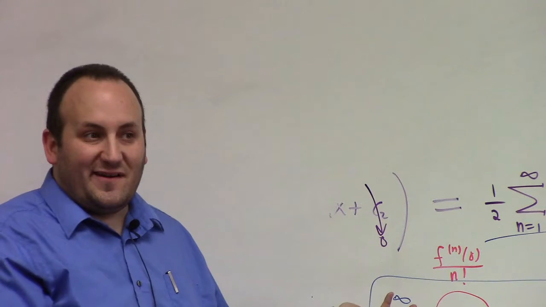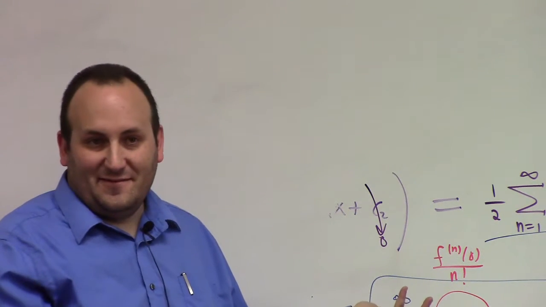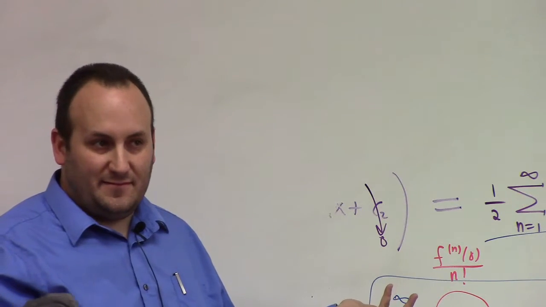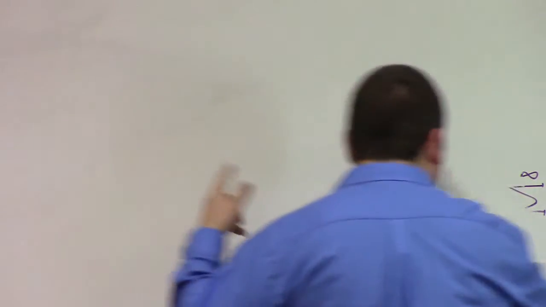Everything we couldn't integrate before, we can integrate now. What's the rub? The answer is a power series, right? So if that doesn't constitute quote-unquote an answer for you, then I guess you're still sad. But let's not be sad. All right.